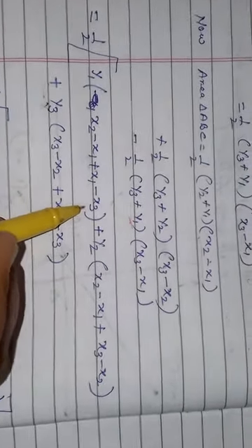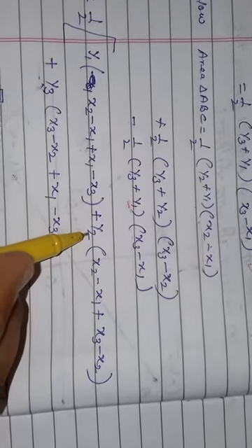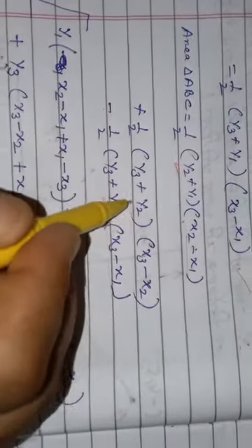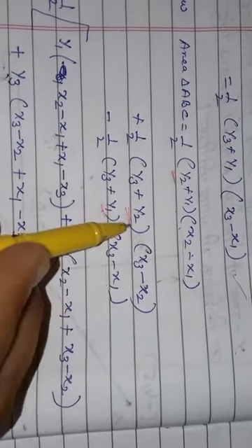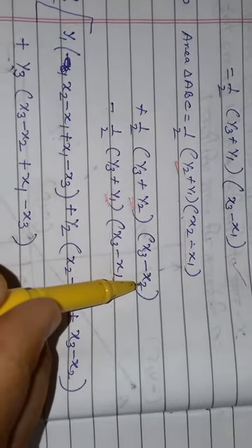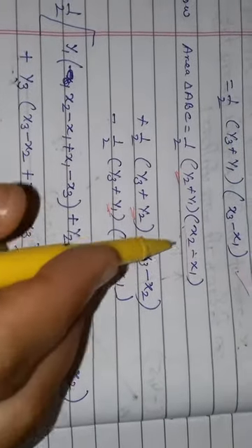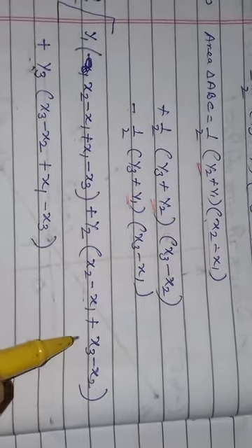Now let us find the coefficient of y2. The y2 is found here and here. The coefficients are x2 minus x1 and x3 minus x2. So when y2 is taken as common, you get (x2 minus x1) and (x3 minus x2).